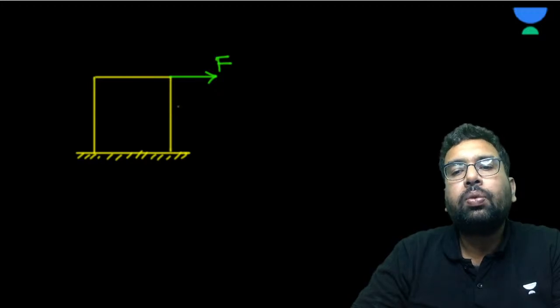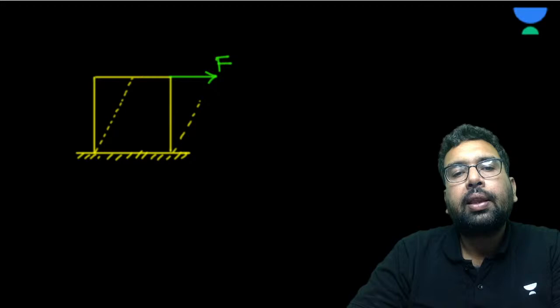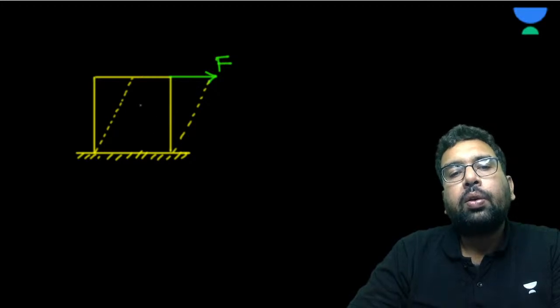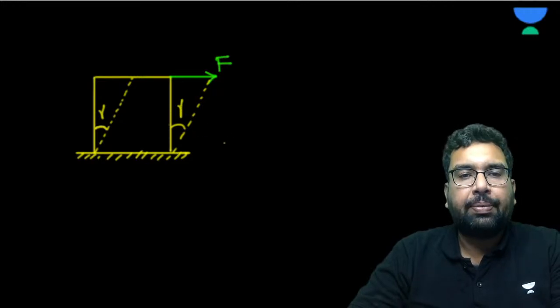It is going to be deformed somewhat like this. That means it is going to deform with some angle, which we call gamma.